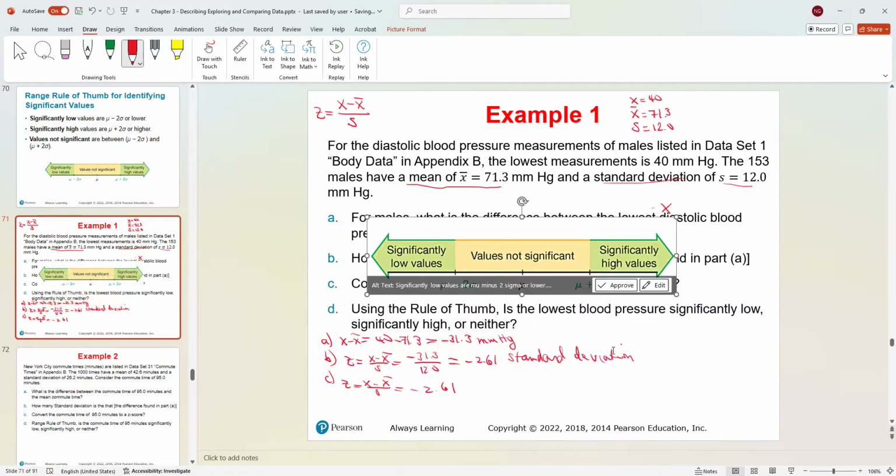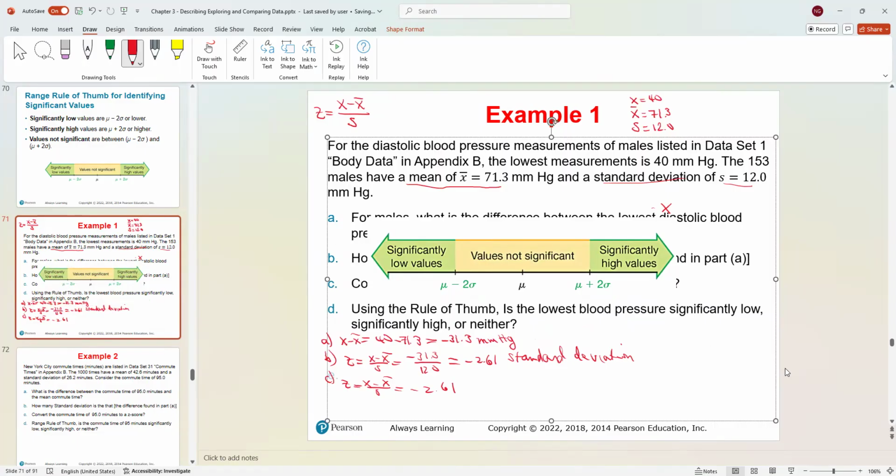If you use this rule of thumb for D, is the lowest blood pressure significantly low, or significantly high, or neither? It is significantly low because the z, remember right here, z is negative 2.61. And we said if it's below negative 2, it is significantly low.